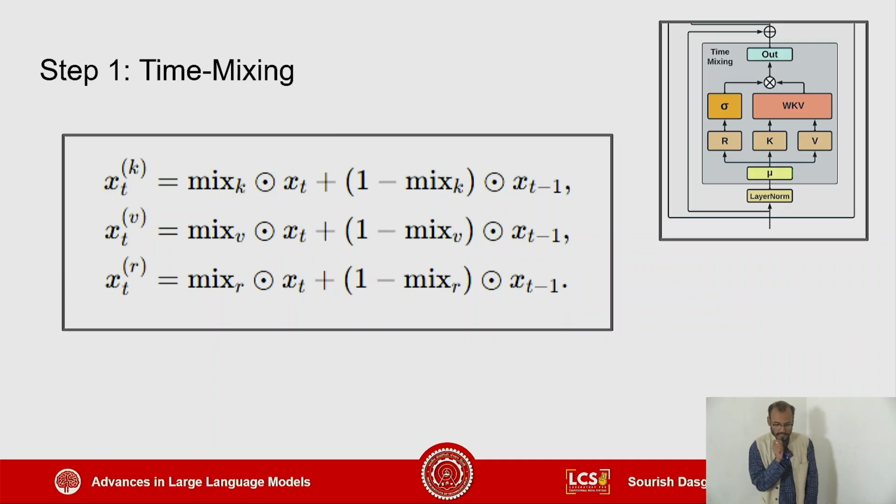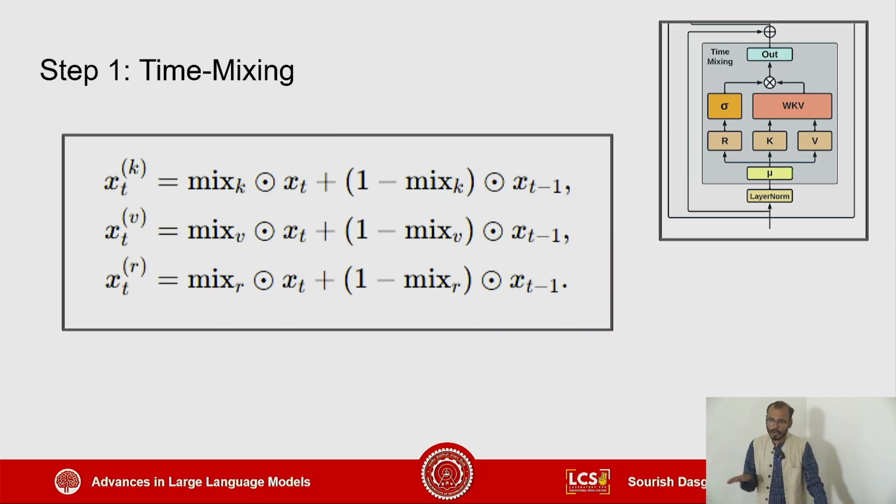Now what I do is I say, okay, I do the same thing not only for the query, rather for the key, and I do the same thing for the value as well. So I do a very separate mixing for the value, and I do a very separate mixing for the key. Remember, the key is the representative of the value that in the transformer used to go and do the handshaking with the query, right?